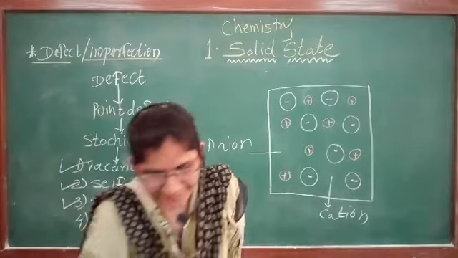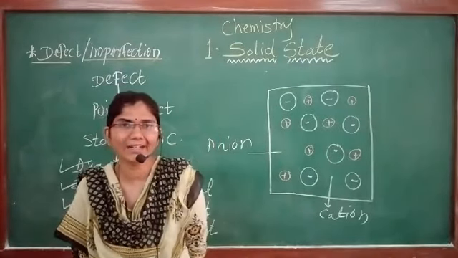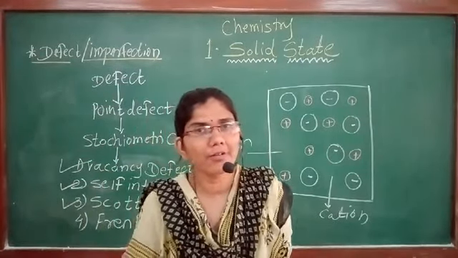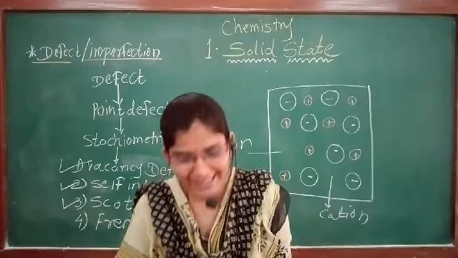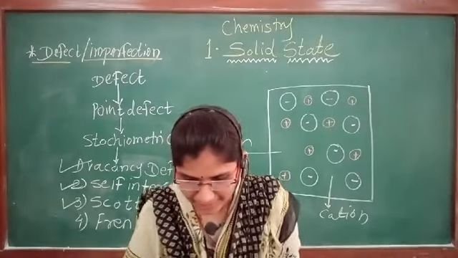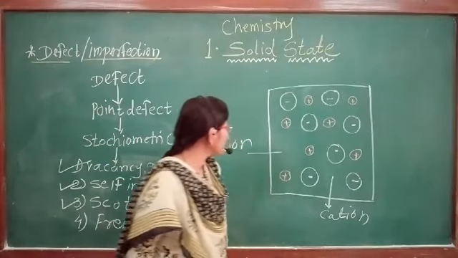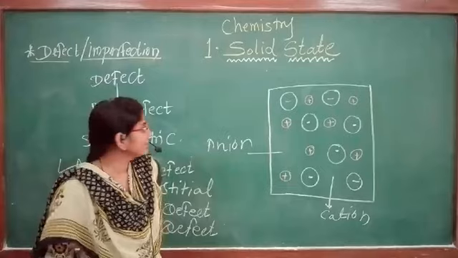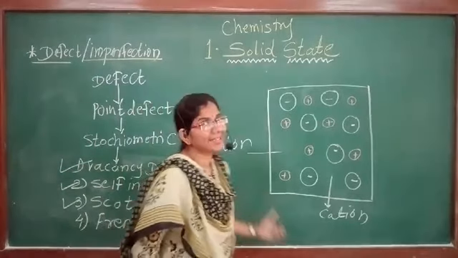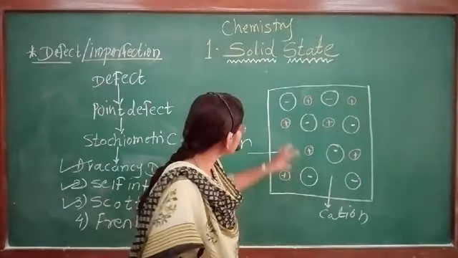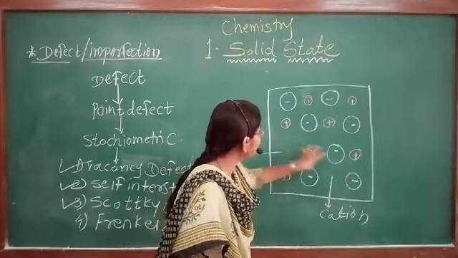It means the vacancy created by the loss of one cation is accompanied by the loss of one anion. That means here holes are created.